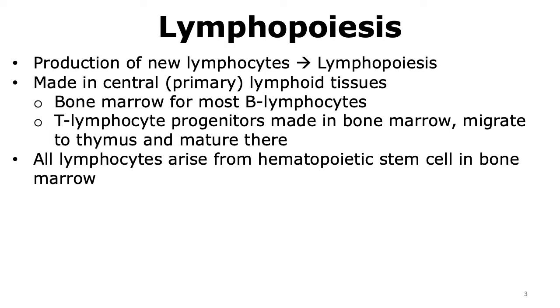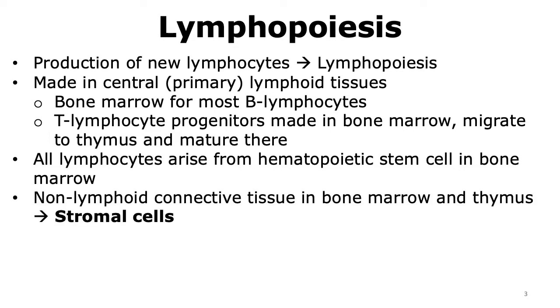It should be remembered that all lymphocytes arise from hematopoietic stem cells that are present in the bone marrow. So regardless of where the maturation is completed, the origins for all lymphocytes are the hematopoietic stem cells that are found in the bone marrow.